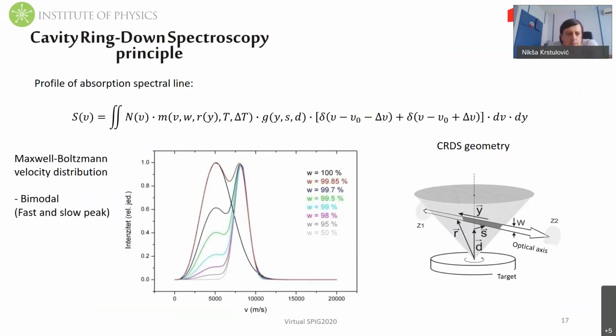Usually we have a double-mode Maxwell-Boltzmann distribution, where the fast peak comes from directly ejected particles from the target, and the slow peak can probably be ascribed to those species which are formed in the plume due to collisional processes such as dissociation, so they are not very fast.